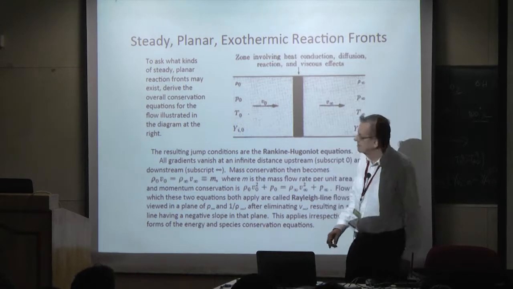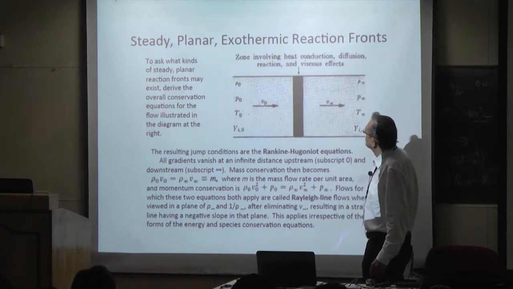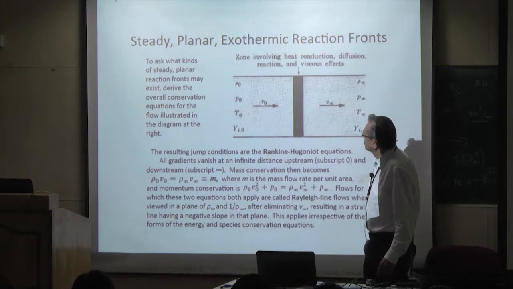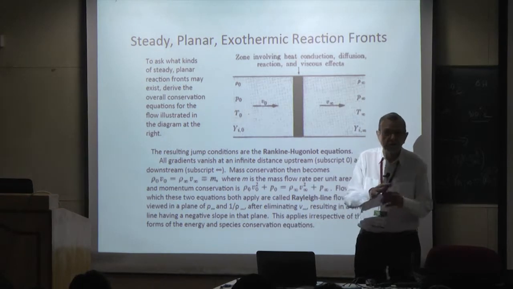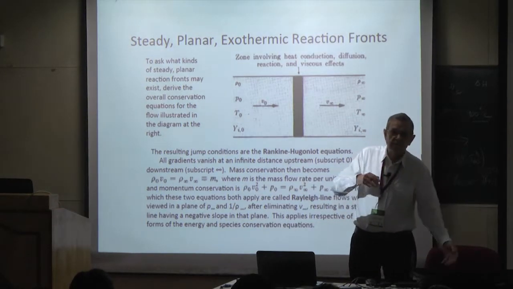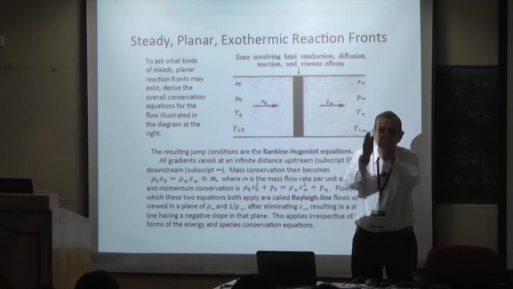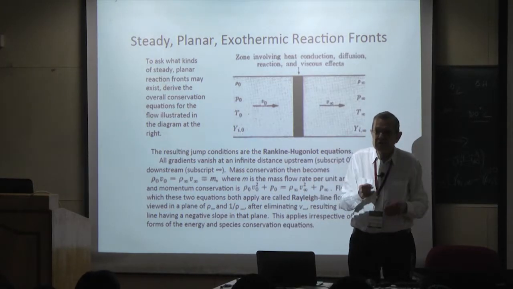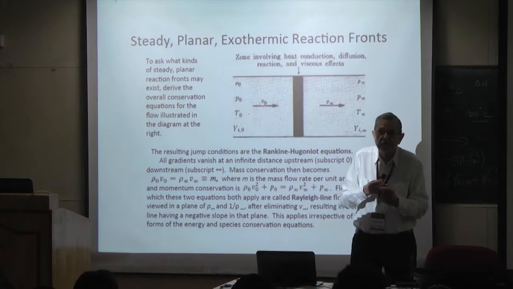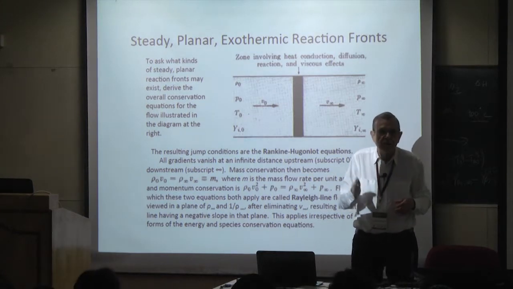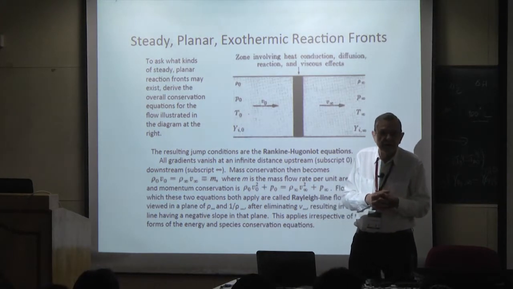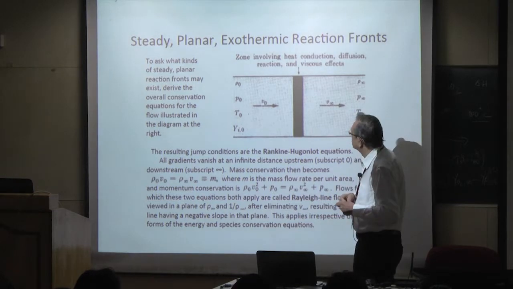So front is really a better terminology. The idea is to look at the conditions upstream and downstream of a thin reaction region, which could be either a deflagration or a detonation, and we'll apply it in this lecture to detonation.